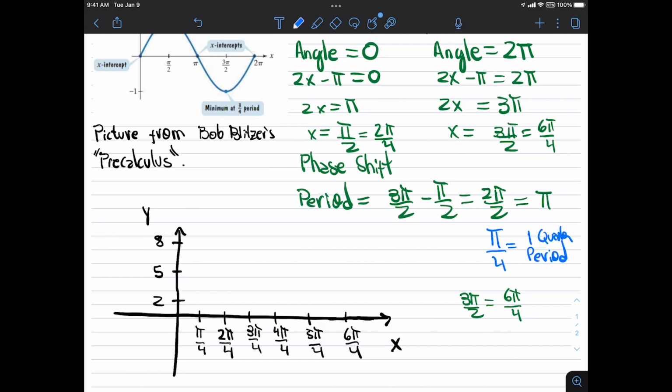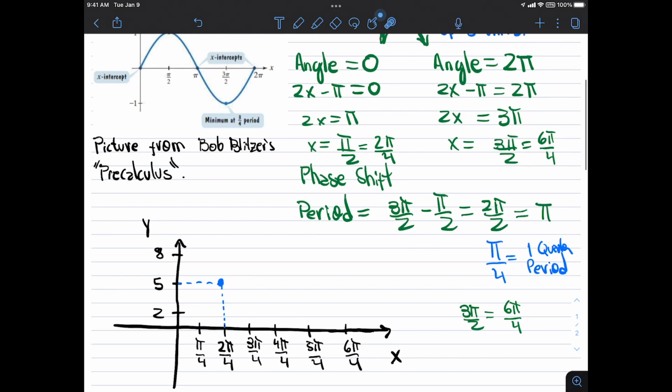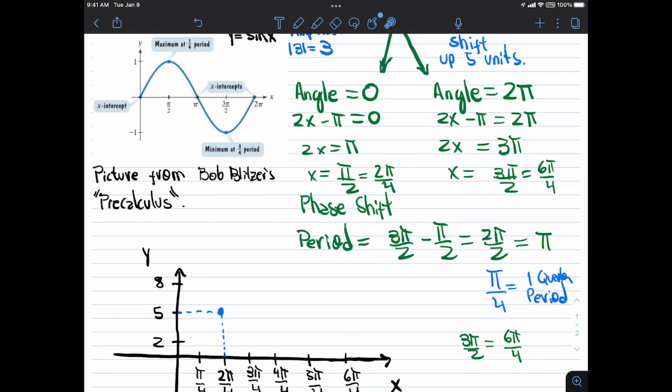So this guy, 5. I start from 5 because that's sort of the baseline. This is 0, and the original function, I'm bumping it up 5 units. Okay. Now 1/4 period to the right, I move up.